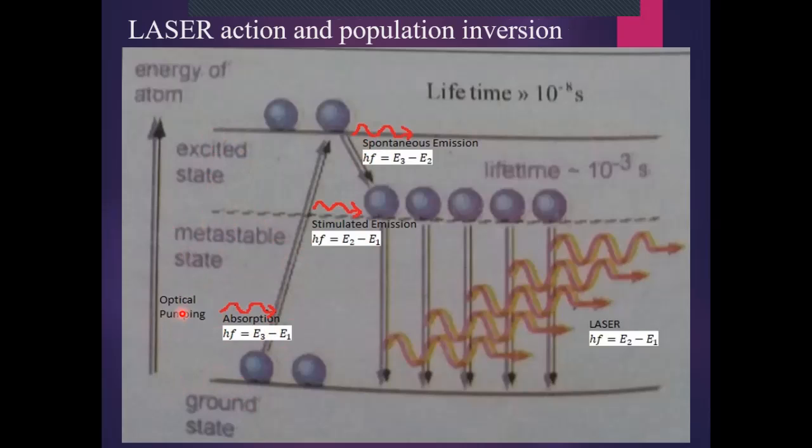First of all, by the phenomenon of optical pumping, photons having energy equal to E3 minus E1 fall on these electrons, so the electron absorbs this energy of the photon and jumps from the ground state to the excited state having energy equal to E3. This is due to the phenomenon of induced or stimulated absorption.